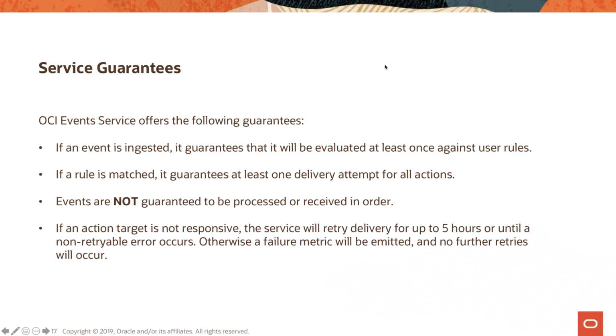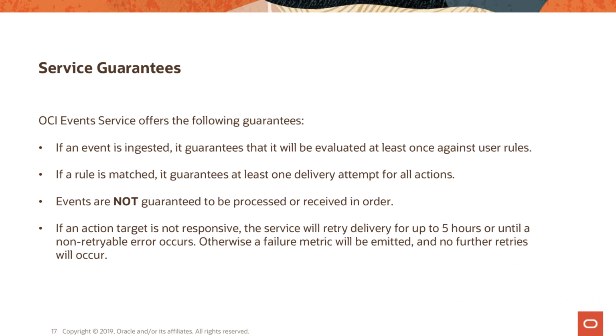In terms of OCI event service guarantees, there are a few things to notice here that might impact how you use this service. If an event is actually ingested, the service guarantees that it will be evaluated at least once against the rules that you have written to filter against it.